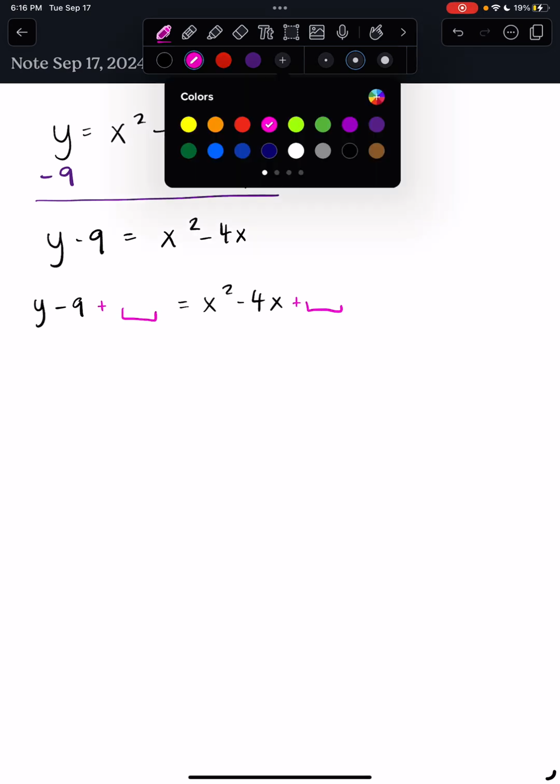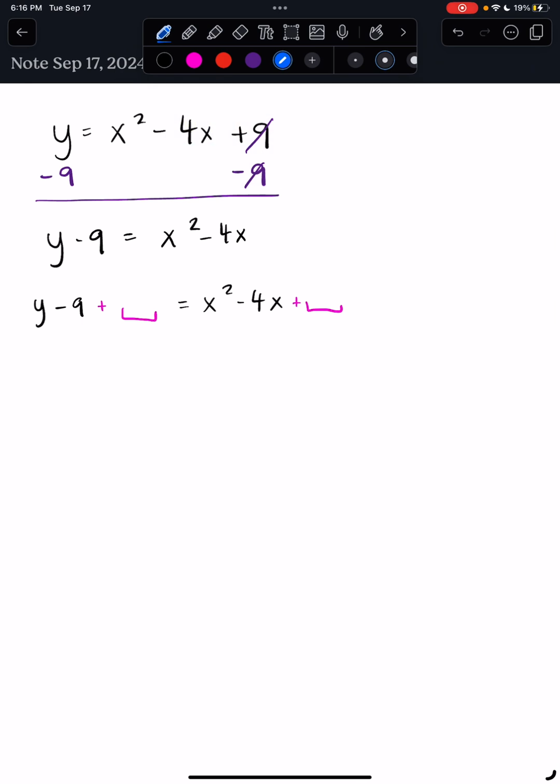In class, we talked about doing this two different ways. One of the options we talked about is taking our b value, which is -4. We're going to cut it in half and square it. So in this situation, because in our quadratic b is equal to -4, we talked about doing -4 divided by 2 squared.